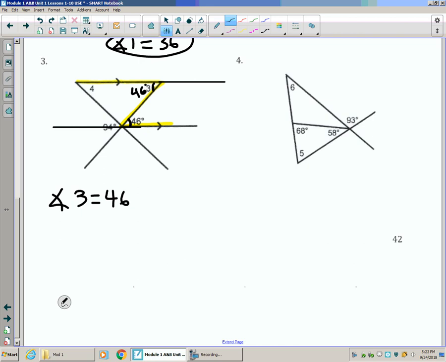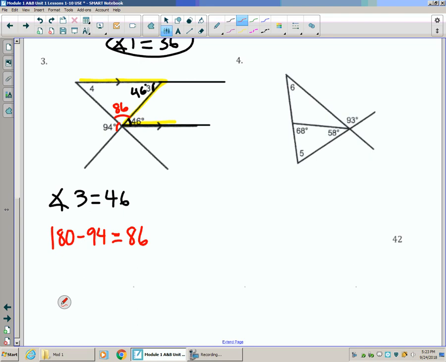I have 94. I'm going to move this a little bit out of the way so you can see what's going on. Okay, if you can see 94, the adjacent angle to 94, right? If you add those two angles, it should give you 180. So I'm going to subtract 94 from 180, and that's going to give me 86 degrees. So this angle right here is 86 degrees.